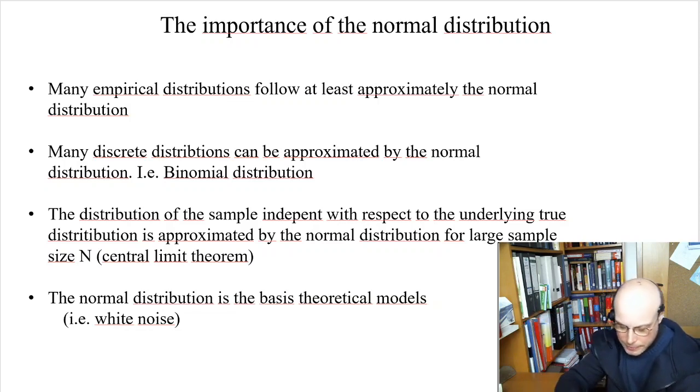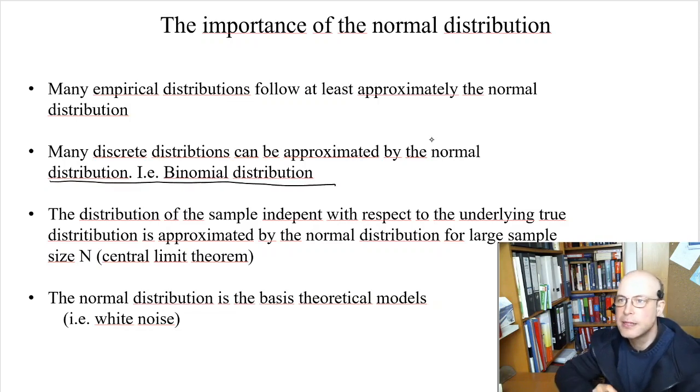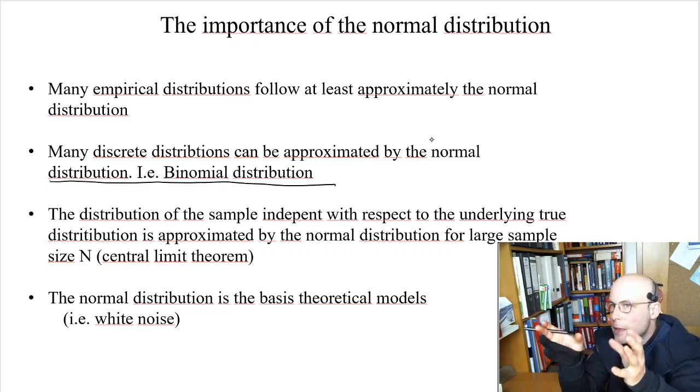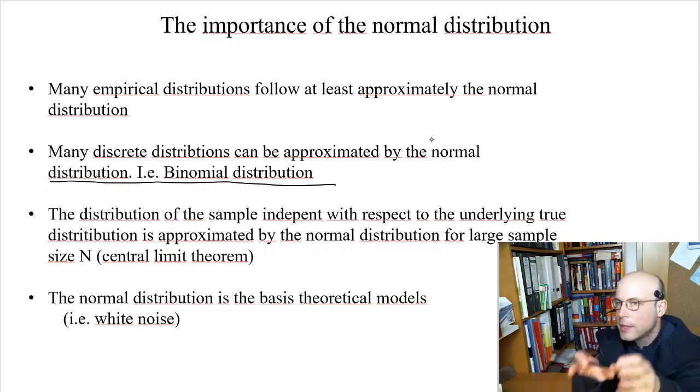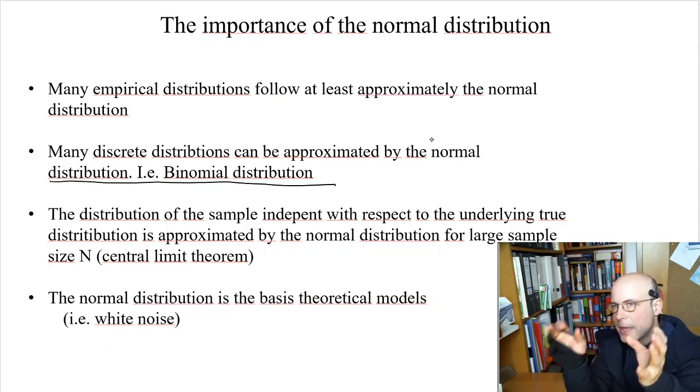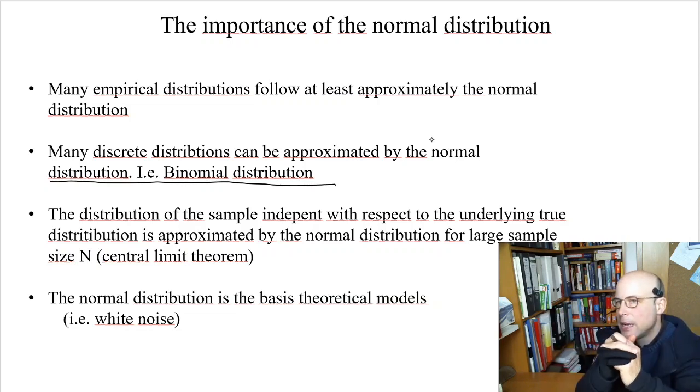One version of this is the binomial distribution. If we don't want to always calculate these things we had in the beginning of this lecture today, then if n is quite large, we can approximate our binomial distribution very well with the normal distribution.